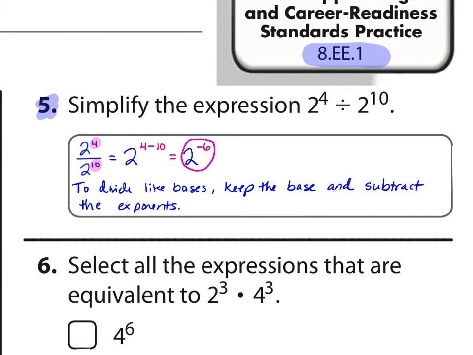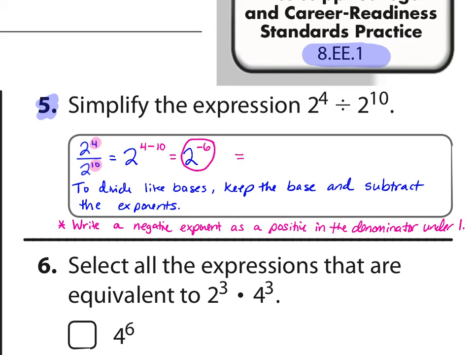So I could write it as that, or I've also got a negative exponent, and so I have a little rule that says write a negative exponent as a positive in the denominator under 1.